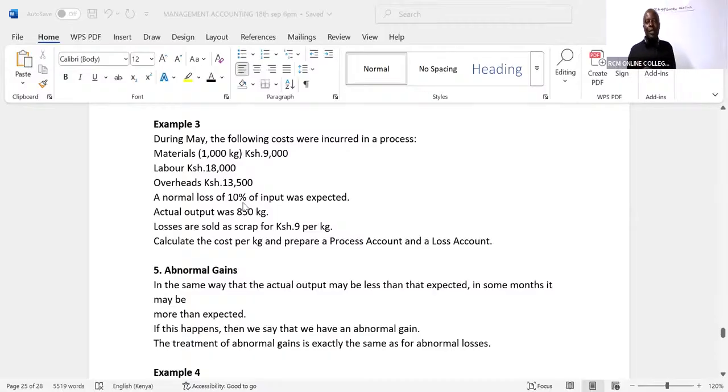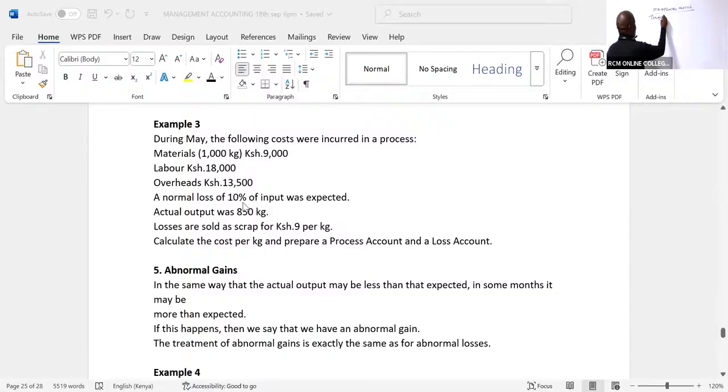What do you think, ladies and gentlemen, will be the very first thing for us to do to tackle this question effectively? Can you kindly tell me? We should develop what we call a throughput account.